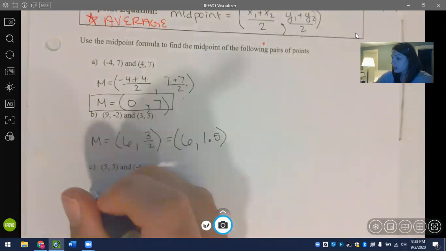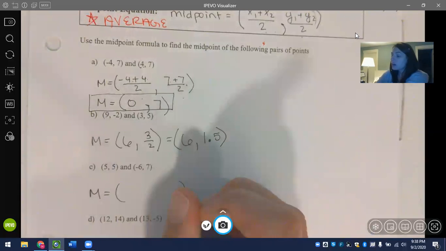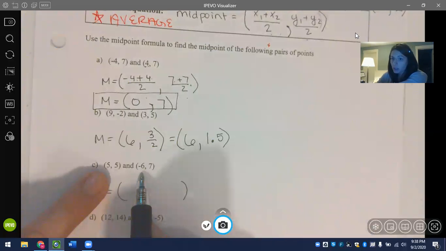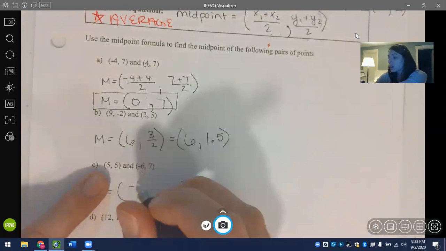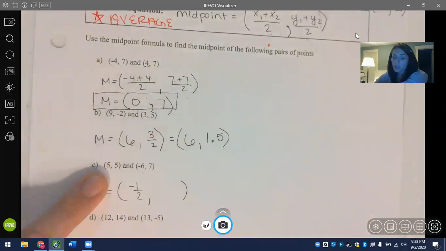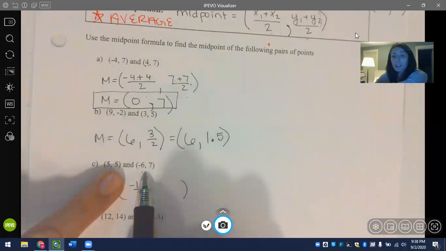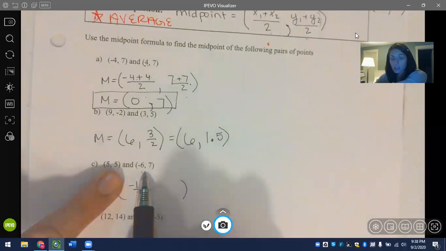On C, the average of my x values, so I have 5 and -6. Adding those together would give me -1. Dividing by 2 gives me -1/2. Not even thinking of the formula here, if I say, what's in the middle of 5 and 7, you would tell me 6.